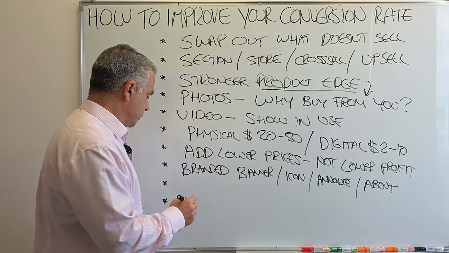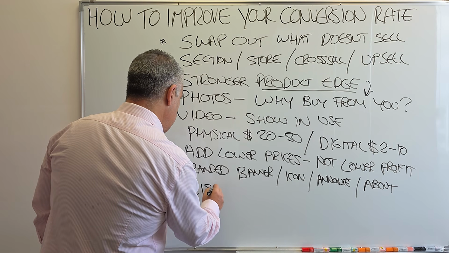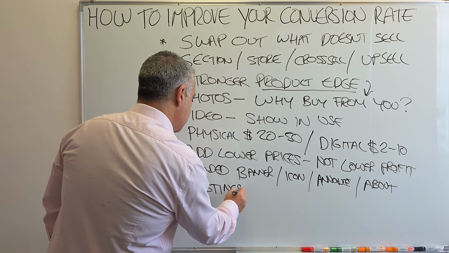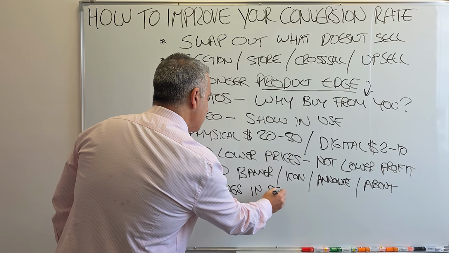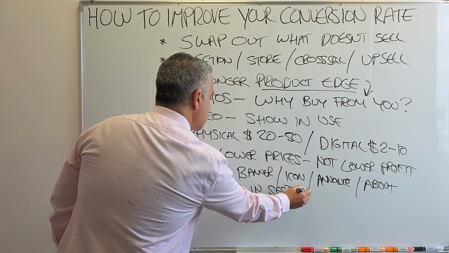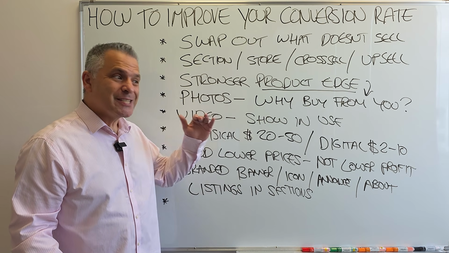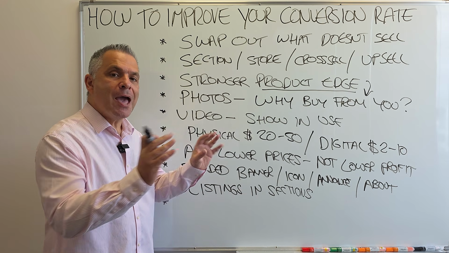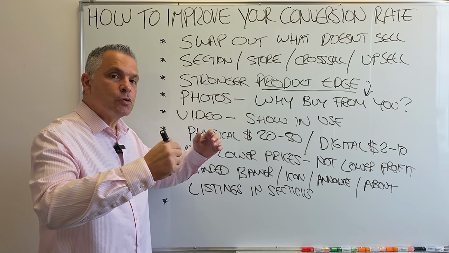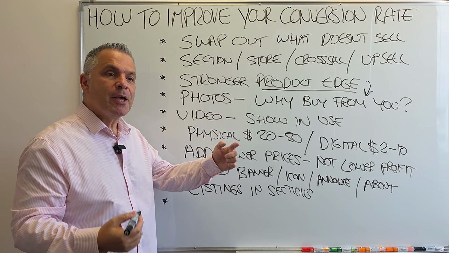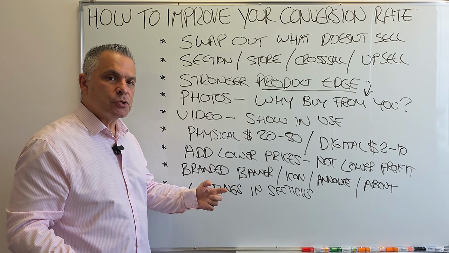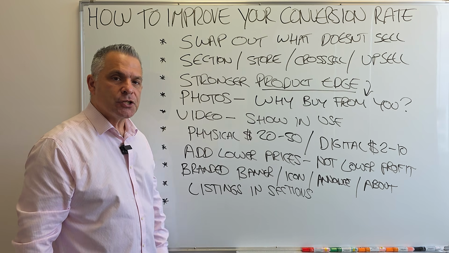This is super important, right? Number 9, you want to increase your conversion rate. All your listings need to go in sections. You need to create sections for your products and put every single one of them. Remember what I talked about, the communication spider web and the emotional spider web inside your store. Put the listings in sections.